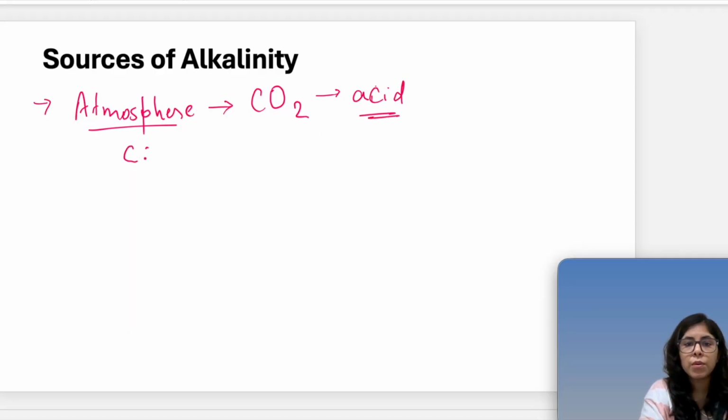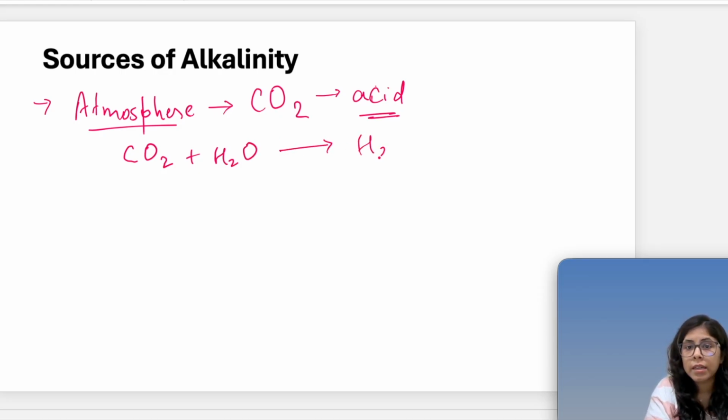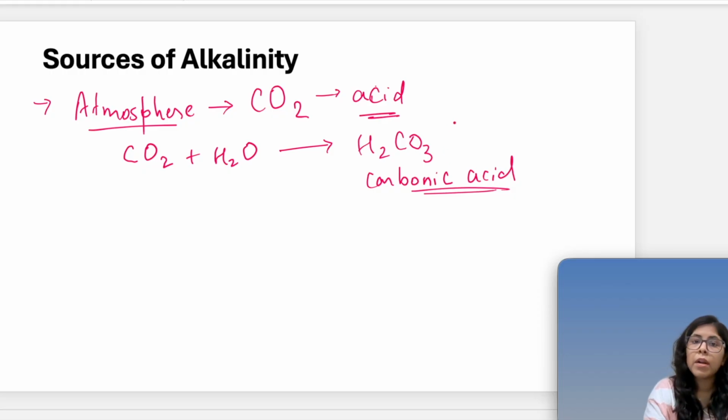Because when CO2 is mixed with H2O, it will create carbonic acid, H2CO3. So it's carbonic acid. Then it's acid. But how is it creating alkalinity?